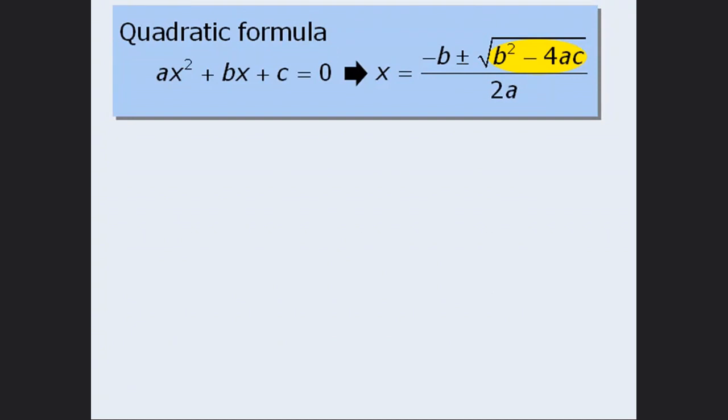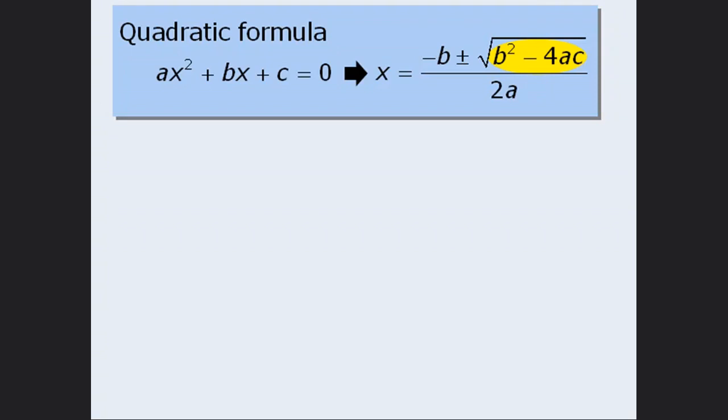They have no solutions. This occurs when we get a negative value inside the square root sign here. Since we cannot find the square root of a negative number, it must be the case that a quadratic equation will be impossible to solve if we end up with a negative number inside the square root.